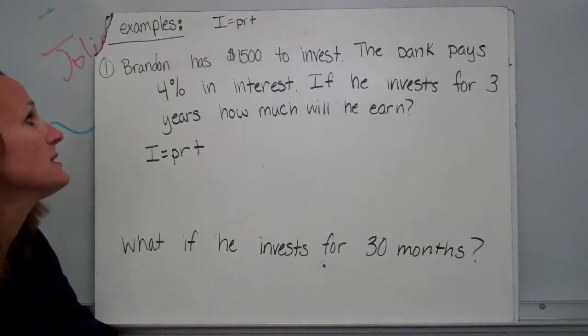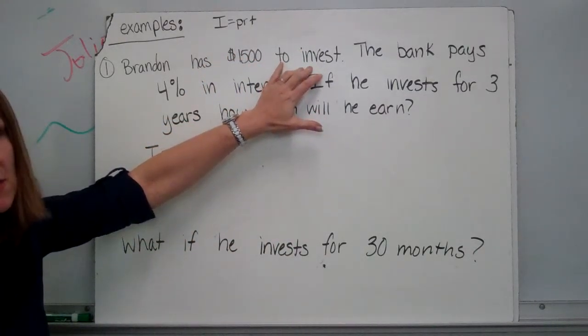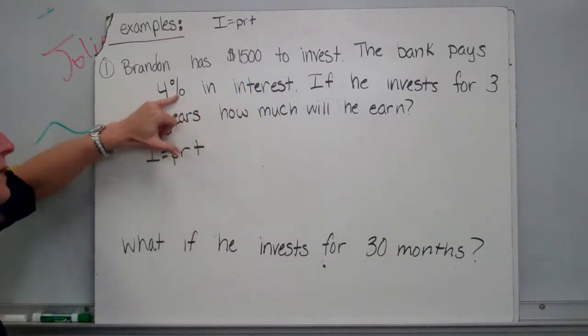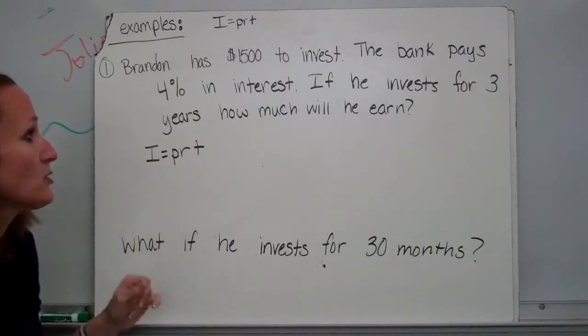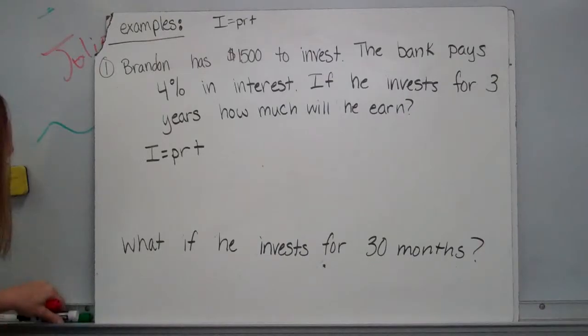Alright, so Brandon has $1,500 to invest. This is a good example of interest because you want to invest money, not borrow it. The bank pays 4% in interest. If he invests for 3 years, how much will he earn? So remember, our formula is I equals PRT.